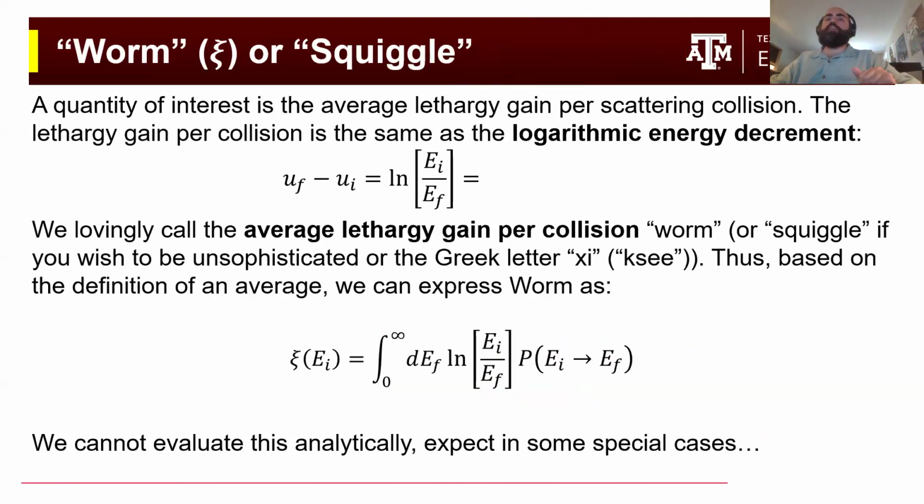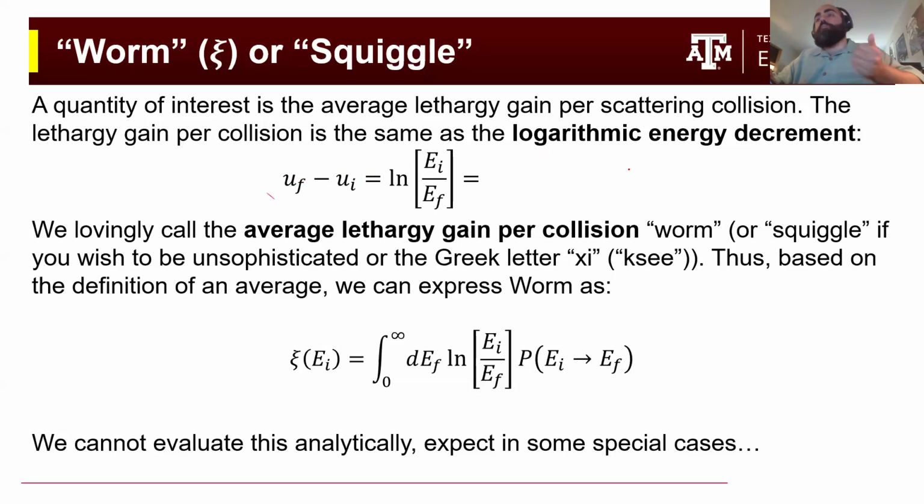The other thing that's really important is that if we know the average lethargy gain per collision, then we can start doing some really useful calculations. We had already defined that the lethargy gain, U final minus U initial, is the lethargy change, but also by definition it's the lethargy gain.